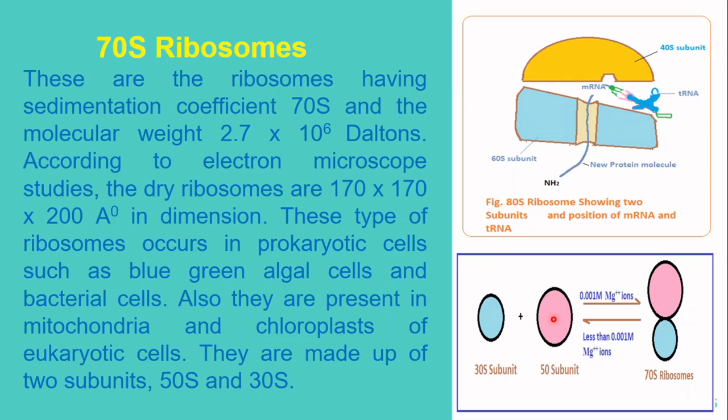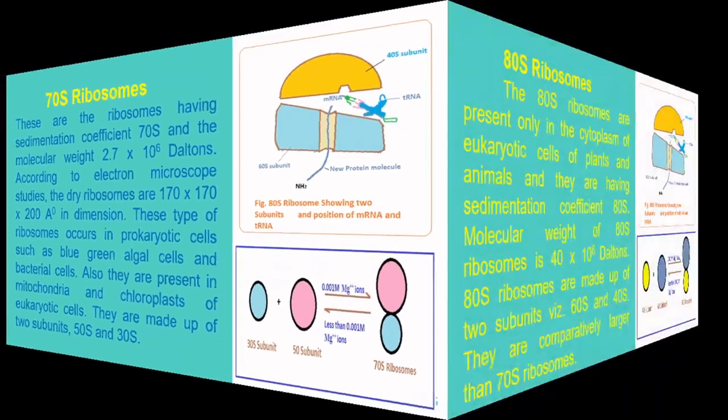Both these subunits come together when there is 0.01 molar magnesium ion concentration, and they are associated with each other. But when the molar concentration of Mg++ ion becomes less than 0.001 molar, then they become dissociated like this. So these are 70S ribosomes.